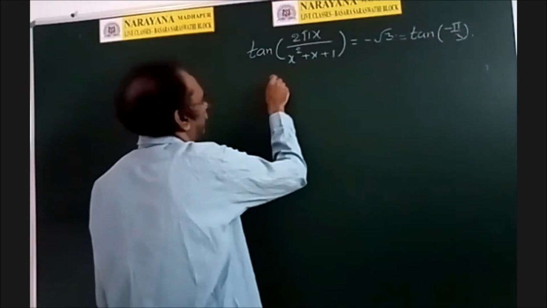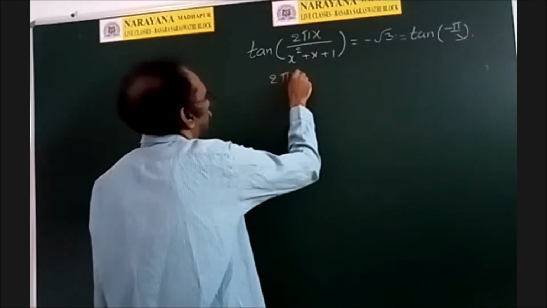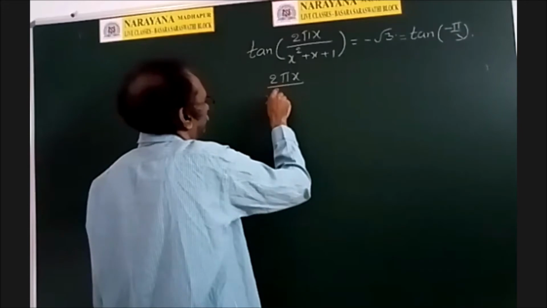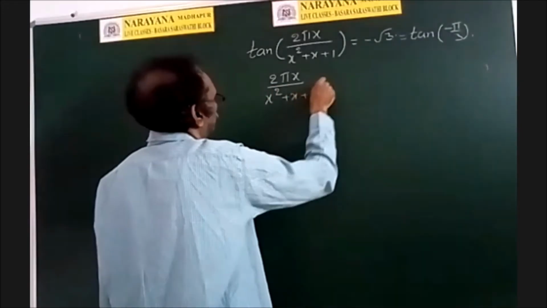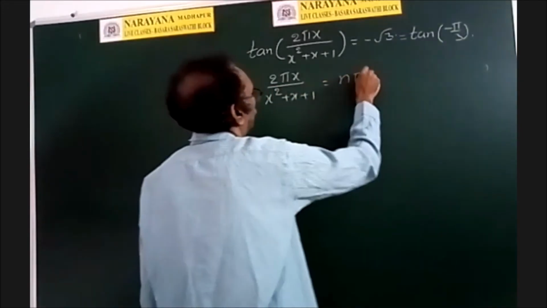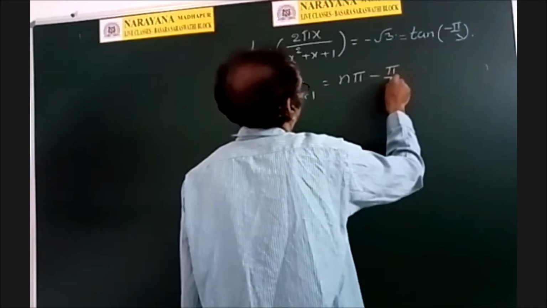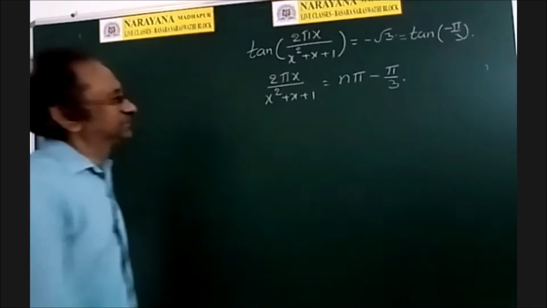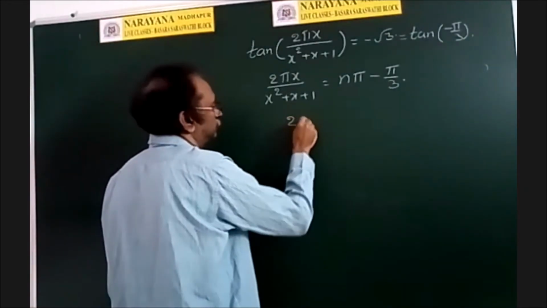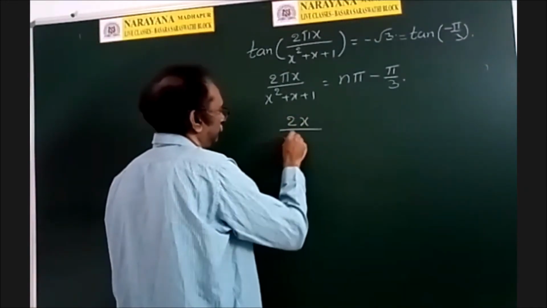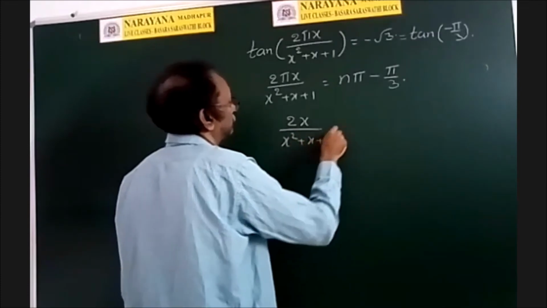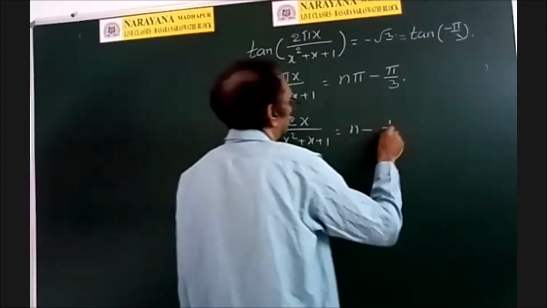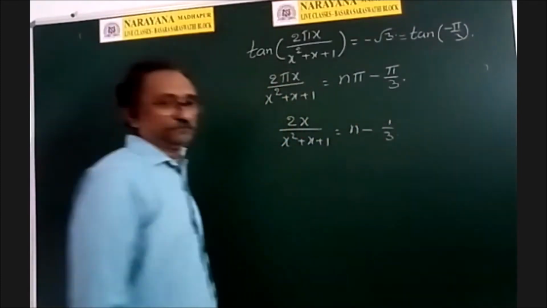And therefore, I can write the general solution now. 2 pi x by x square plus x plus 1 is equal to n pi plus alpha, that is minus pi by 3. Now I can cancel pi. That is 2x by x square plus x plus 1 is equal to n minus 1 by 3.